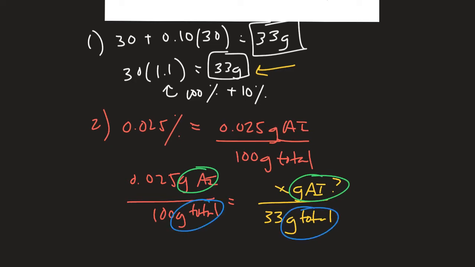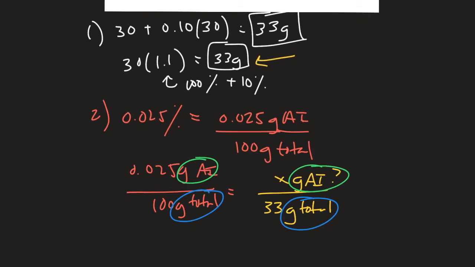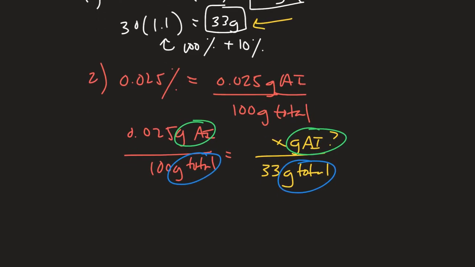So solving for x, 0.025 divided by 100 times 33 gives you x equals 0.00825 grams of active ingredient. So we found the mass of the active ingredient needed.